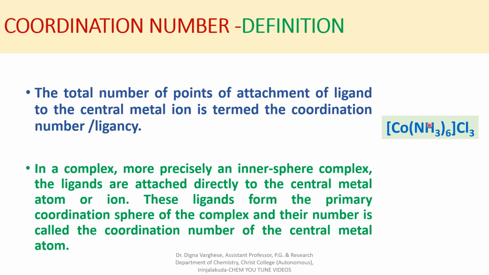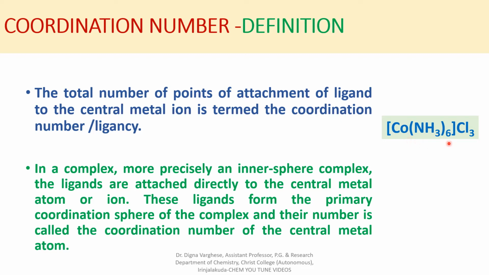In this complex, the number of ligands attached to the central metal atom, that is cobalt. Here you can see 6 ammonia ligands attached to the cobalt. So its coordination number is 6. But this chloride is present in the outer sphere, it is a counter-ion part, not a ligand directly attached to the central metal atom.